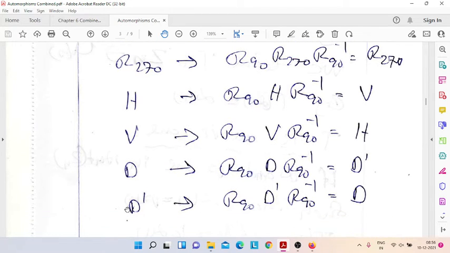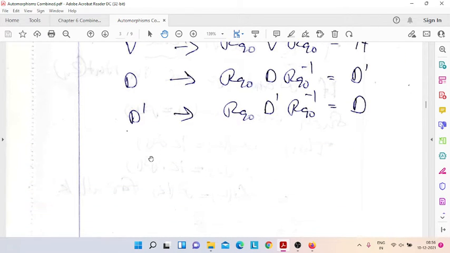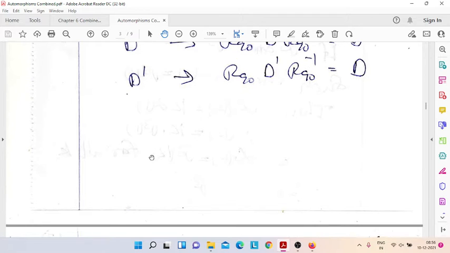And when D prime is used in the middle, R90 D prime R90 inverse equals D. So when D is used, D prime is the result, and when D prime is used, D is the result. When H is used, V is the result, and when V is used, H is the result. That's the effect of the application of R90.